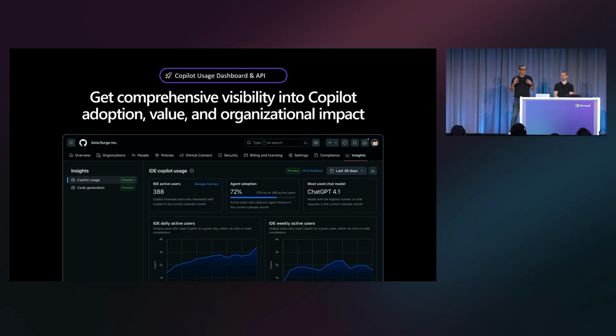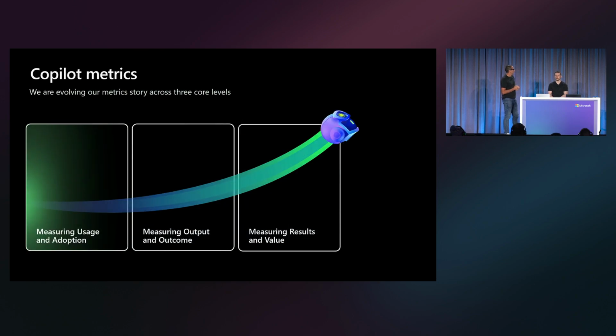Without having those finer data points, it's just not possible. And we've seen organizations struggle sometimes with that lack of visibility and really not understanding where they are at with their rollout of GitHub Copilot, and if it's really good or not. So, based on what I just told you, you have measuring usage and adoption. That's key.